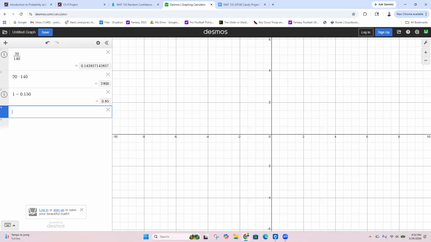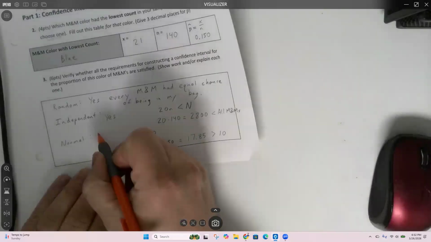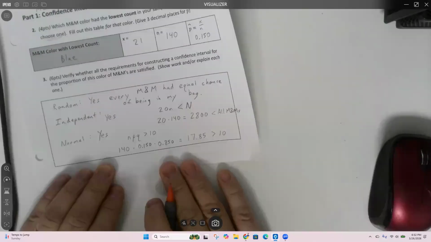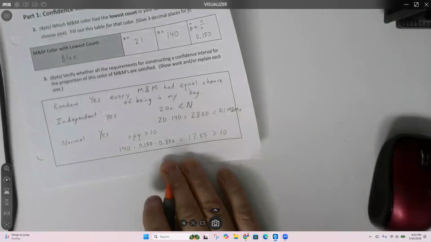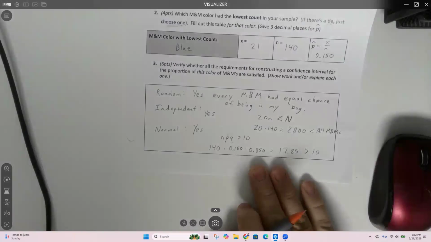So for me, 140 times 0.150 times 0.850. Mine is 17.85, and that is bigger than 10. So mine is a yes. Okay, so I got three yeses. Yes, yes, yes. So that means that my confidence interval is going to be accurate. It's going to be reliable.